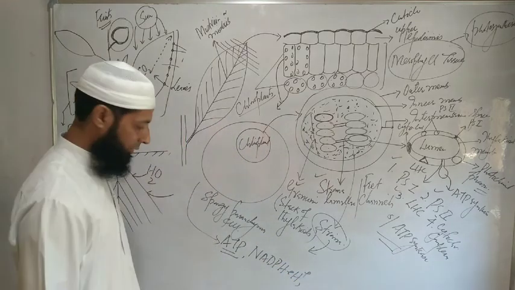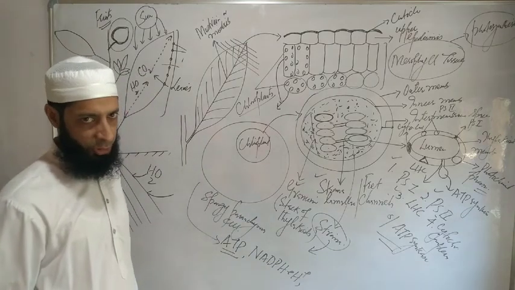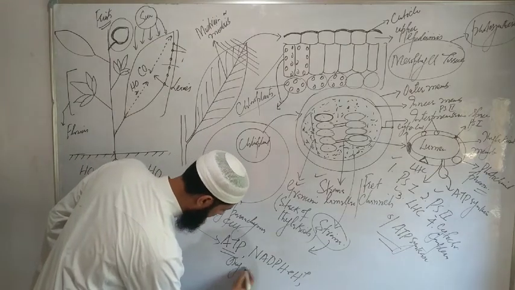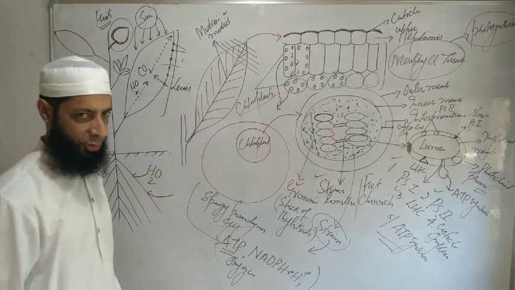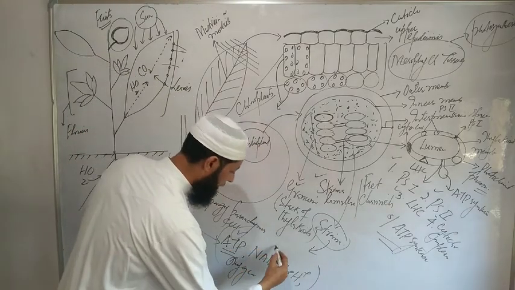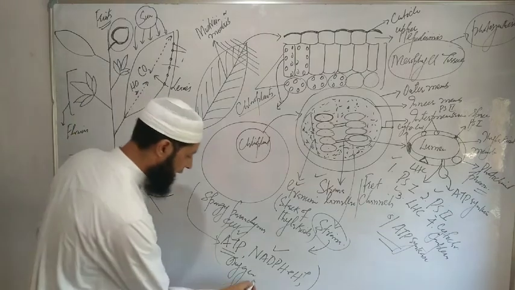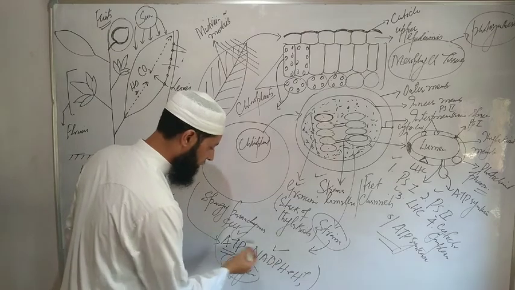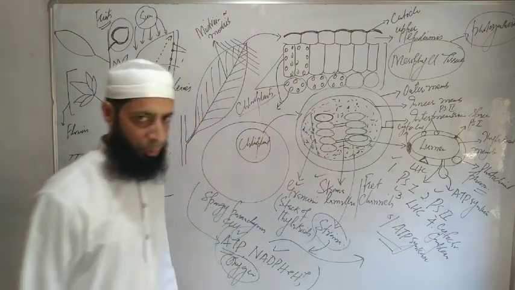During the light reaction, there is also photolysis of water, and that gives rise to oxygen. That means the output of the photochemical reaction is ATP, reducing power in the form of NADPH plus H positive, and nascent oxygen. And these three components are formed through two subphases.